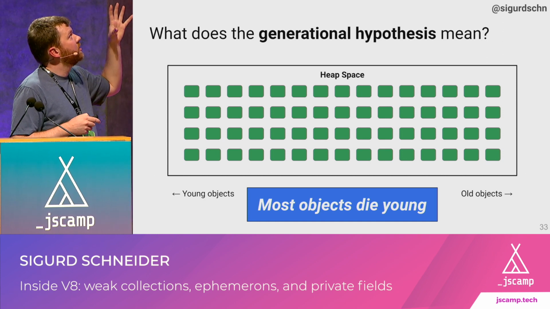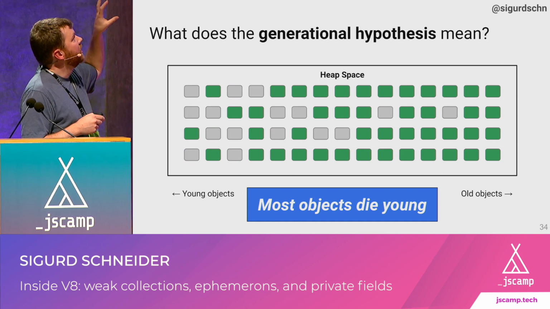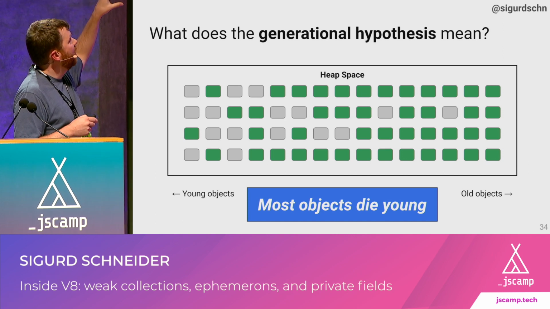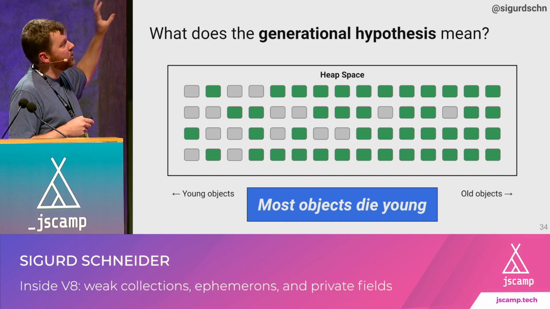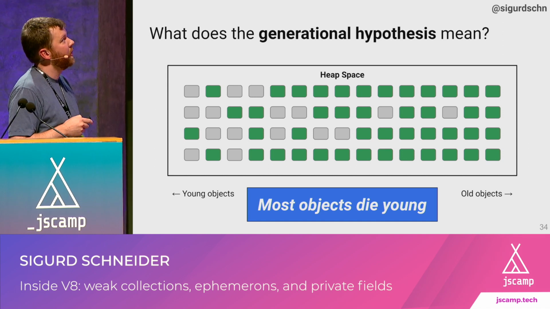The generational hypothesis says the likelihood to find an object that is dead among the young objects is much, much larger than finding a dead object among the old objects.